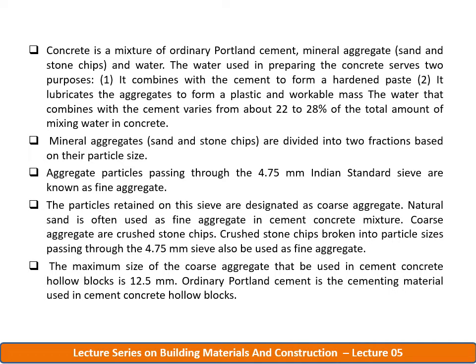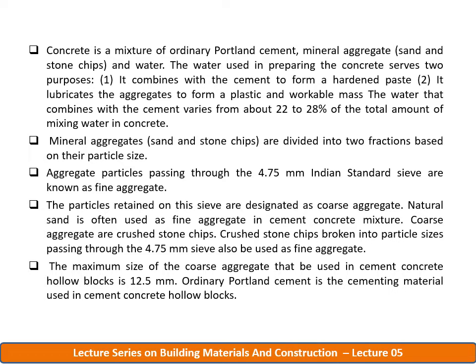It combines with cement to form hardened paste. It lubricates the aggregate to form a plastic and workable mass. The water that combines with the cement varies from 22 to 28% of the total amount of mixing water in the concrete.